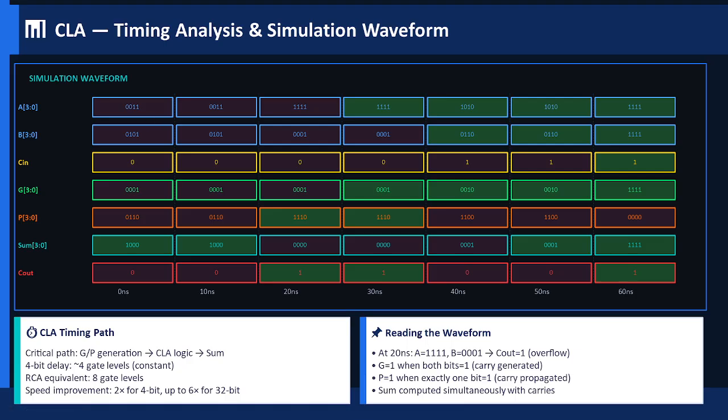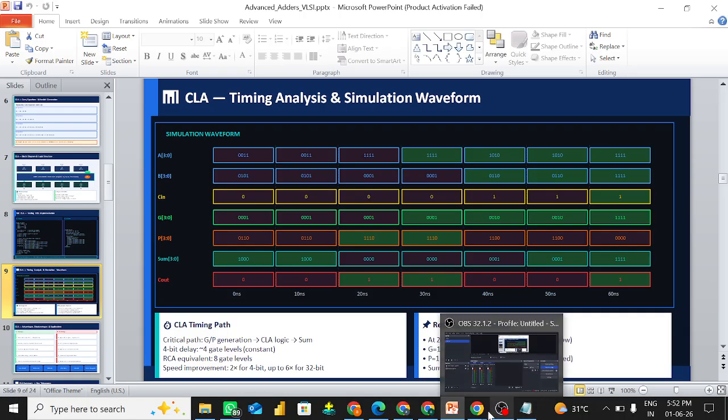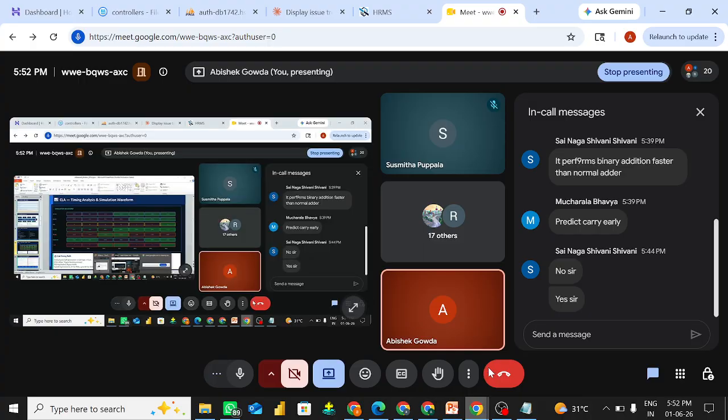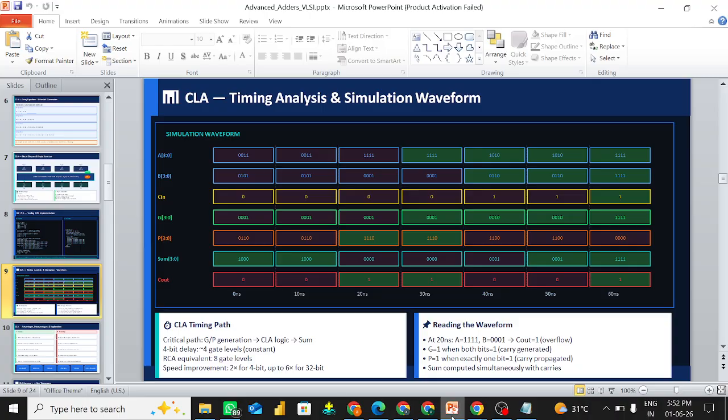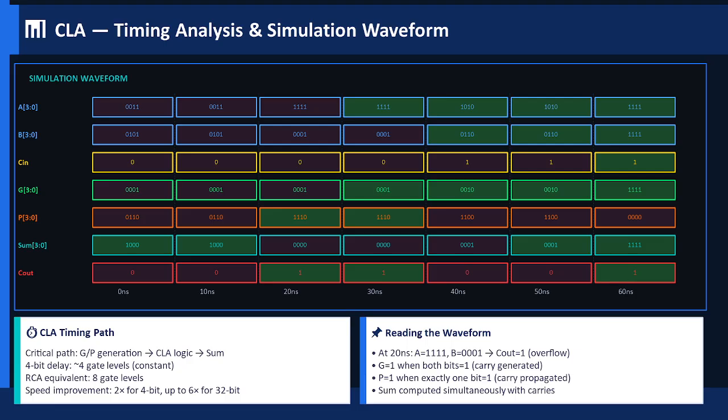You can see that first column, right? Look carefully. Here we have 0011, right?